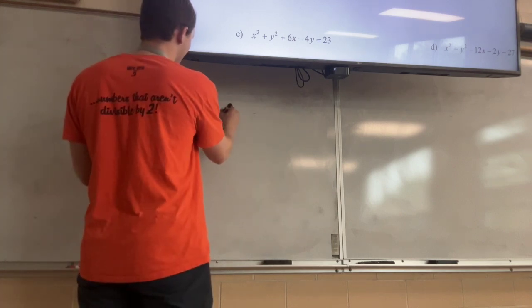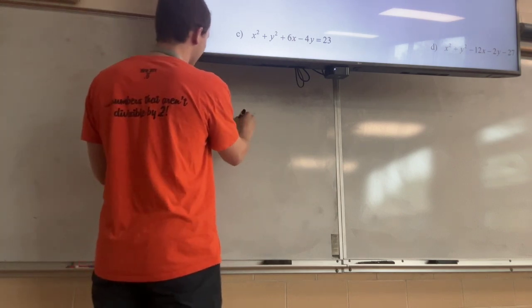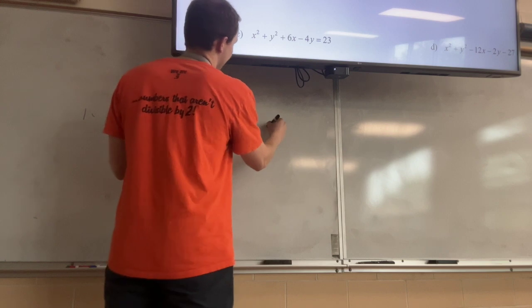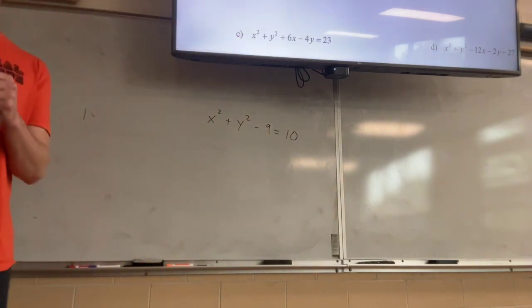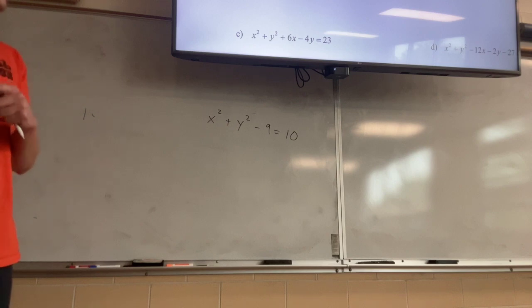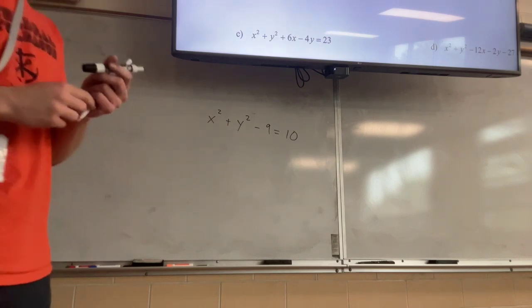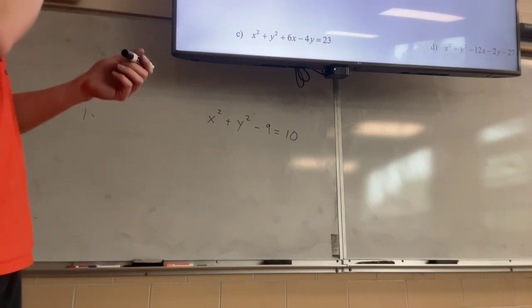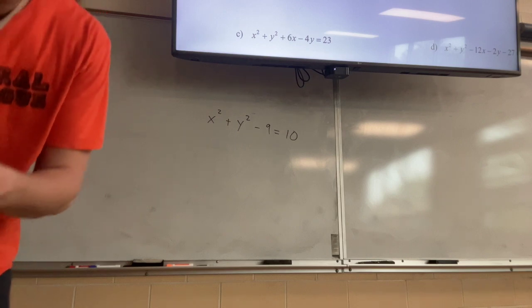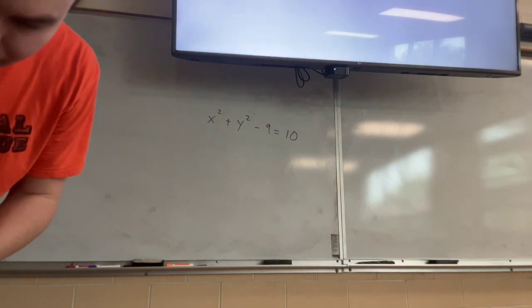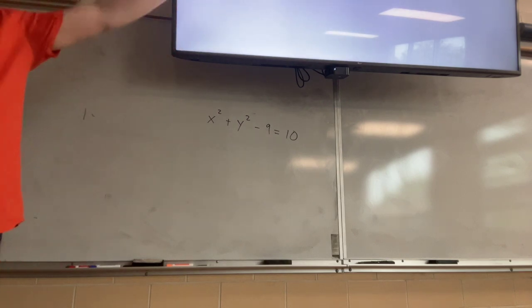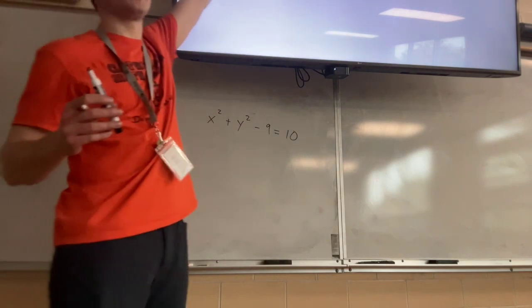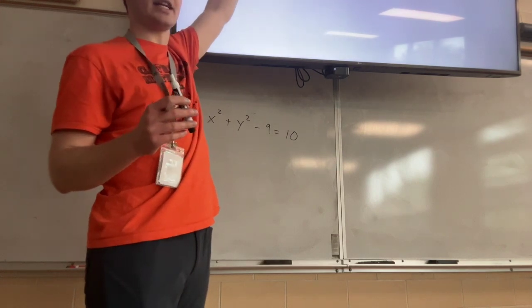So we have x squared plus y squared minus 9 equals 10. Okay? So we want to get that in standard form, right? Do I have an x term anywhere? Is there an x term or just x squared? Just x squared.